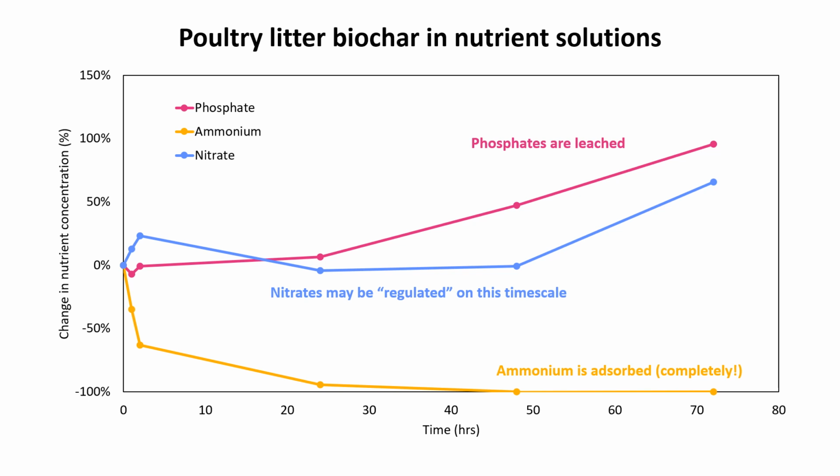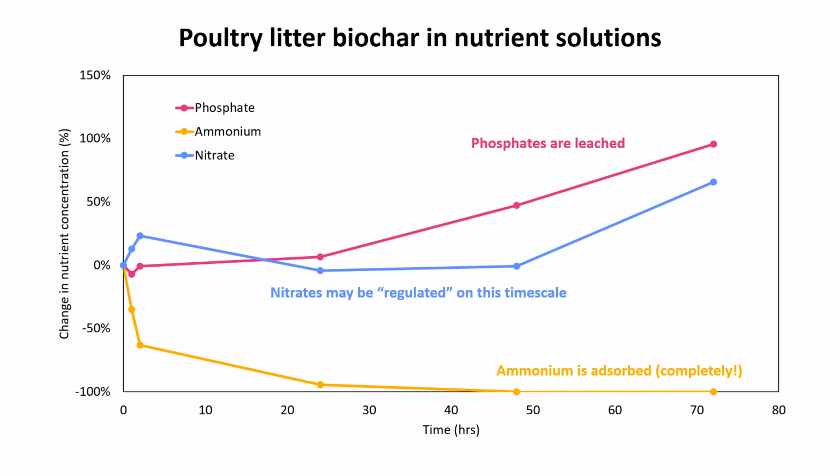So an initial leaching followed by adsorption, followed by another period of leaching. And this was within about 100% of the initial concentration to about 70% more than that. So in the case of phosphate and in the case of nitrate, we're either regulating or we're leaching to levels that are higher than the maximum safe environmental concentration.